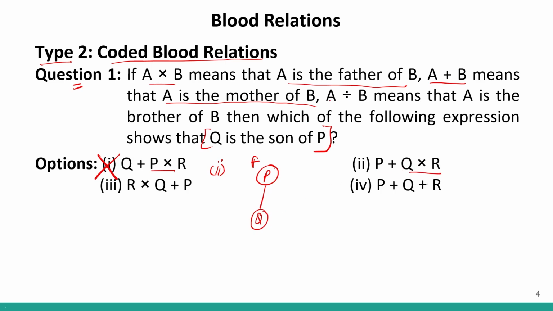Q into R means Q is the father of R. So if Q is the father of R, what would be the gender of Q? Q would be male. So can we derive from this expression that Q is the son of P? Yes, because Q's gender is determined now. So option number 2 will be the correct answer to this question.